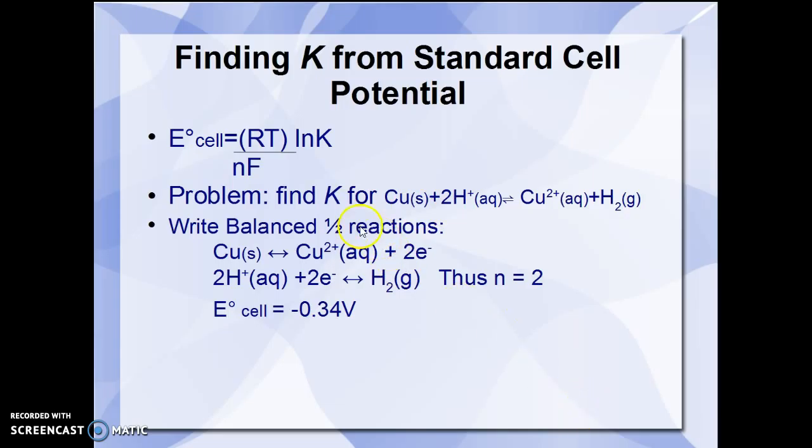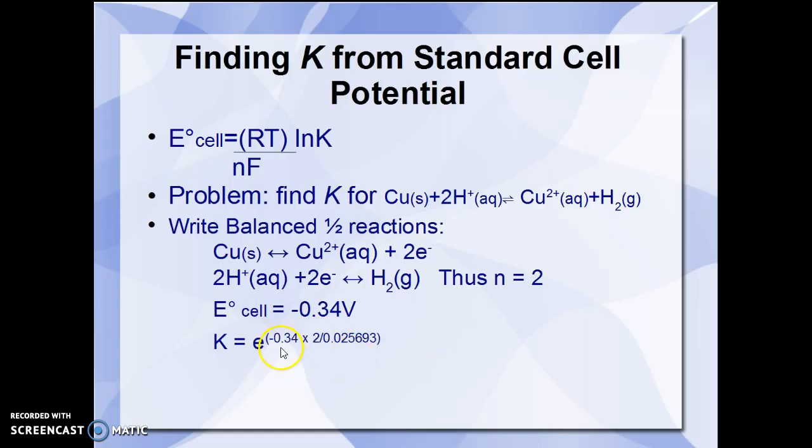Now I'm going to let you do the math to solve this equation for K, but if you do, you will see that K is equal to e raised to this power. Here's your voltage, here's your 2 electrons, and when you do the mathematics up top, you will see that at 298 Kelvin, R, T, and F are represented by this number, 0.025693.